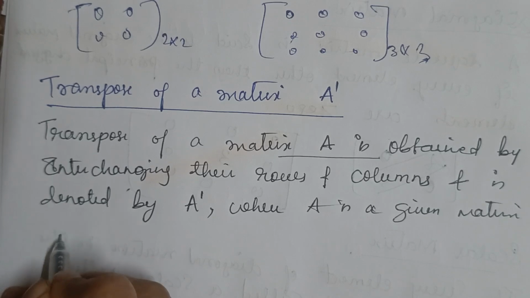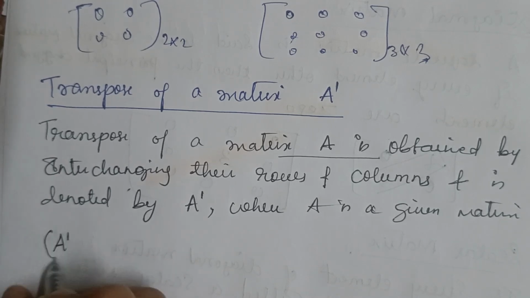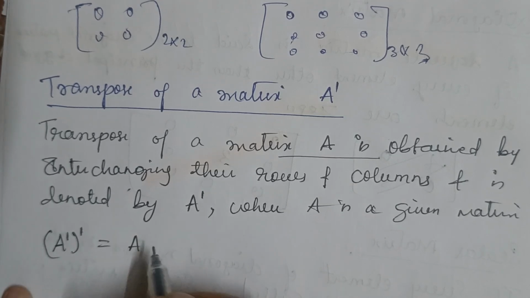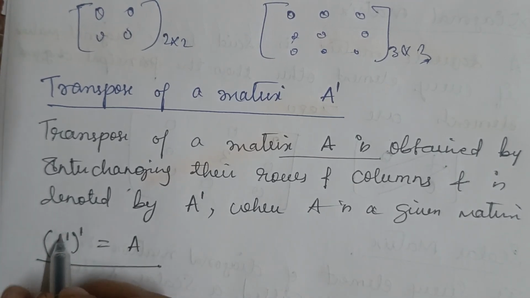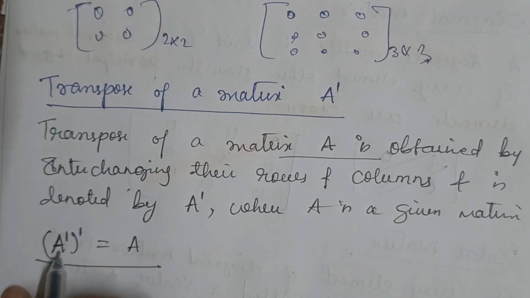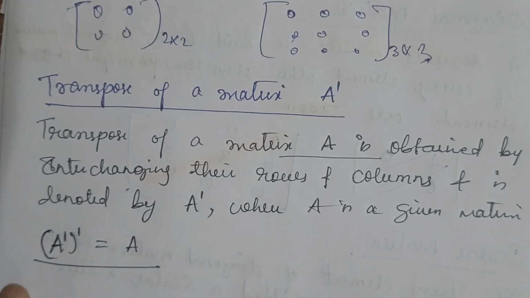So if we take A transpose and then the transpose of A transpose, it will give us our original matrix. I hope you understood. For A transpose, I'm interchanging rows and columns once, and again I'm interchanging rows and columns, so it will give me my original matrix.